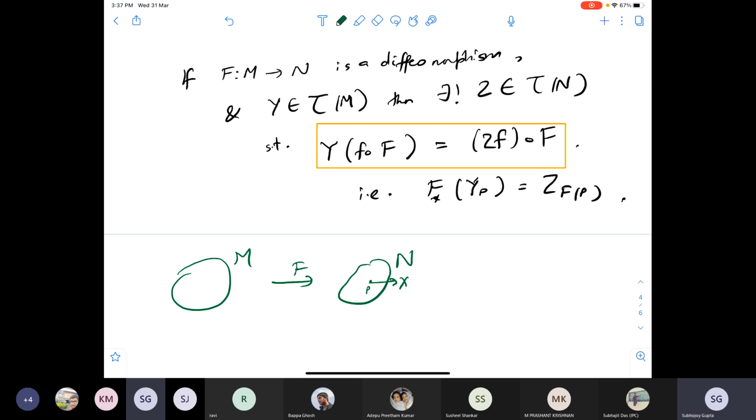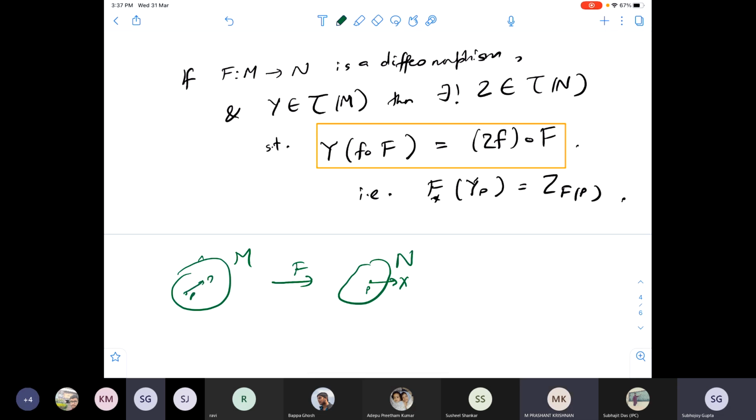Then what do you do? But even if it is in the image of f, there could be several points in the pre-image. Is it not possible to pull back to all of them? But what do you define it as? Suppose there's only one pre-image. So what vector do you put there?